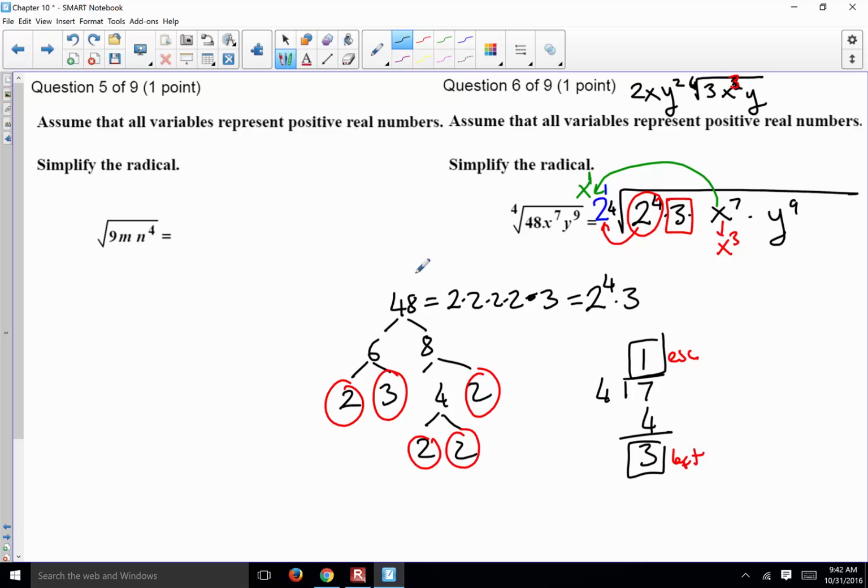9. How many times does 4 go into 9? 2 escaping. 4 times 2 is 8. 1 remaining. So y to the 1 remains, but 2 of them escape, y squared. So let's write this properly.